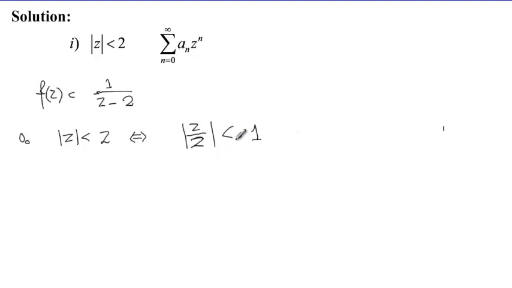So now if we take this as a sum of a geometric series, in this case we're going to expand this applying the geometric series, we would know that the ratio for the geometric series to converge, the absolute value of the ratio must be less than 1.